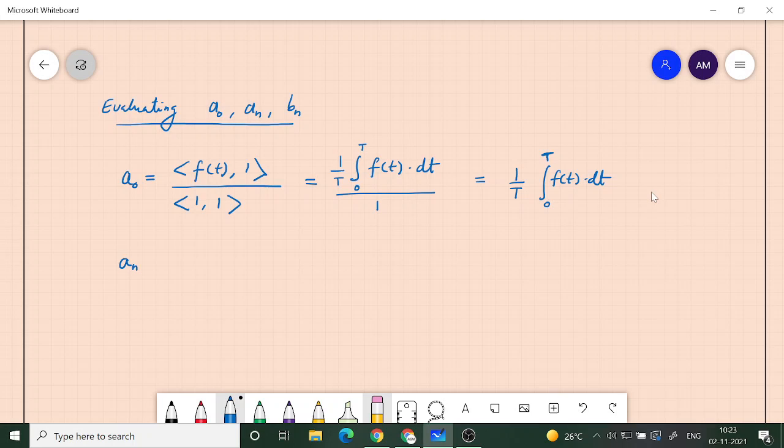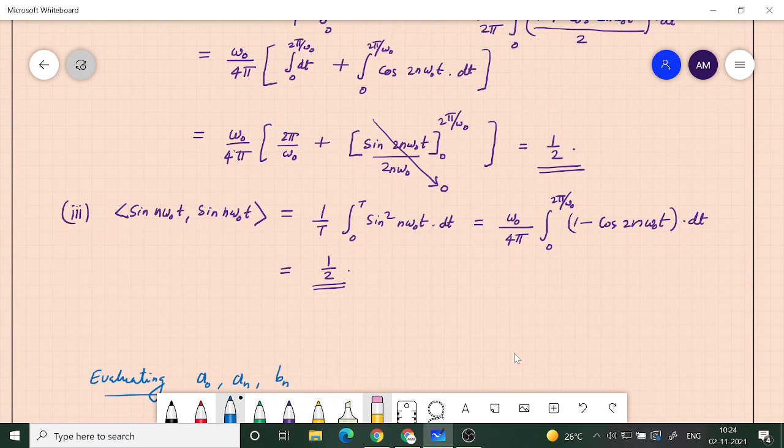And then An, can you tell me the procedure? Just like this. An is the inner product of f of t comma cos n omega naught t, divided by what? Cos n omega naught t with cos n omega naught t, which we have already done. How much did we get? Half, right?